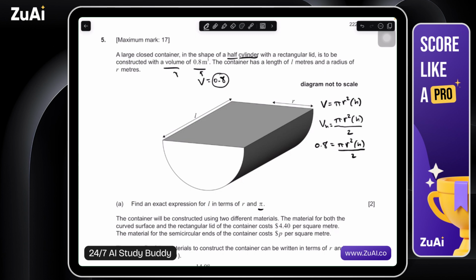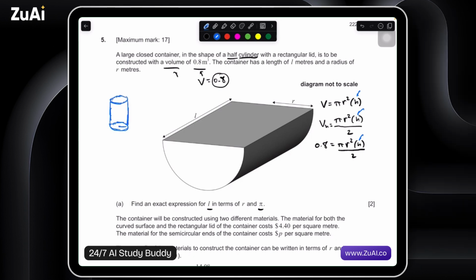You might say, okay, how does that get us closer to finding this L? When we use this volume of a cylinder formula, we had this h here. But remember, if we're talking about the volume of a cylinder, let's draw a cylinder here, for example. The volume is going to be given by pi r squared, the area of the base, this is r right here, times h.